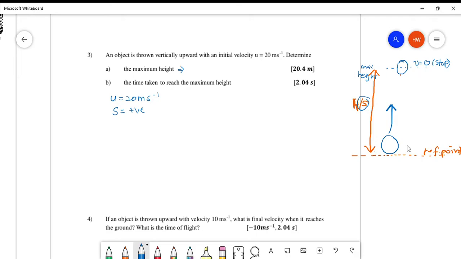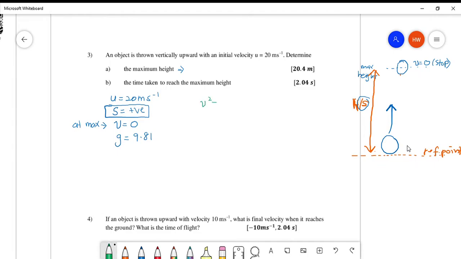Okay, and then satu lagi yang kita tahu ialah at maximum, the velocity equal to 0. Okay, and then kita always know that the G is equals to 9.81. So we want to find the S. Okay, which equation should we use? Okay, good.